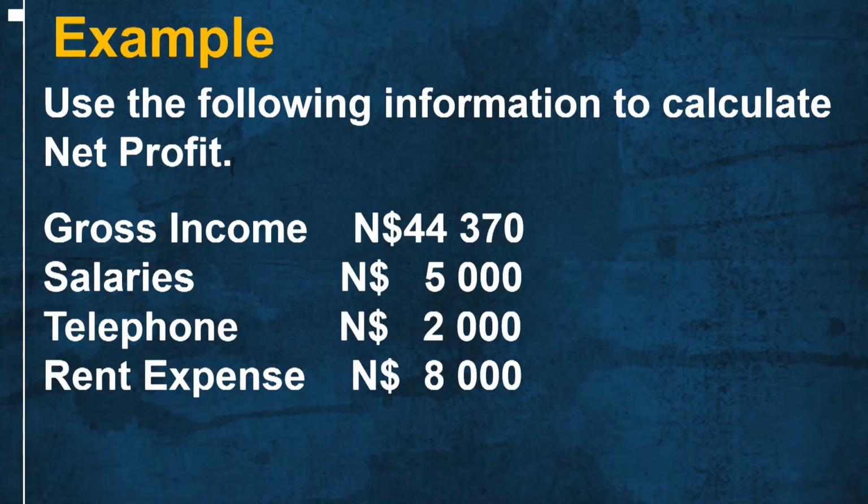For net profit, to calculate net profit, we will take gross income less expenses. Example, let us use the following information to calculate net profit. Gross income 44,370 Namibian dollars, salaries 5,000 Namibian dollars, telephone 2,000 Namibian dollars, and rent expense 8,000 Namibian dollars.